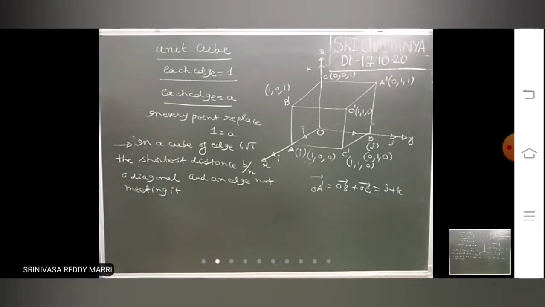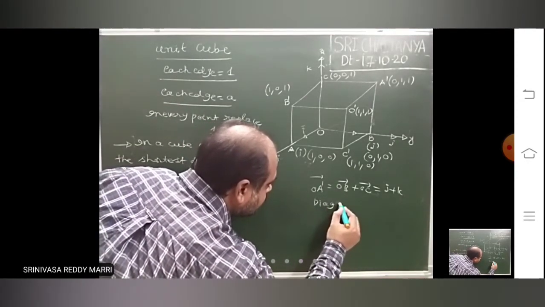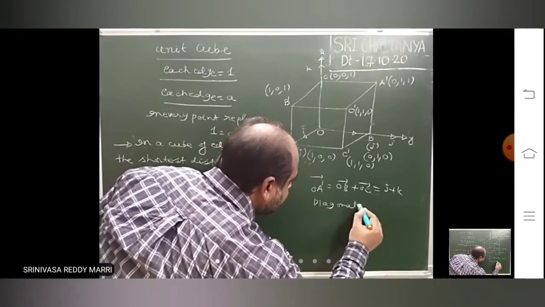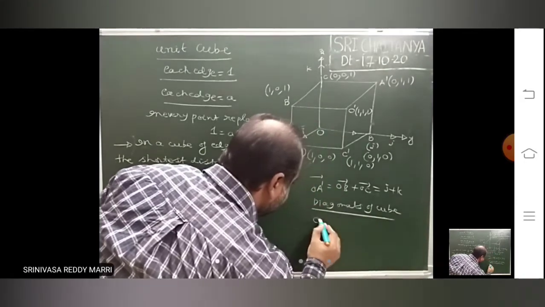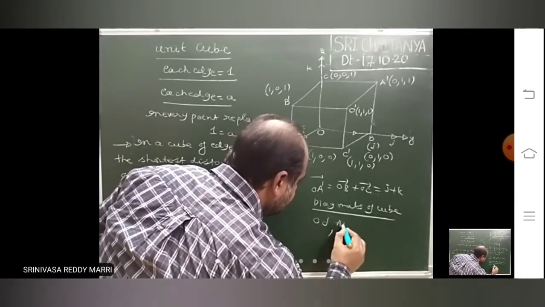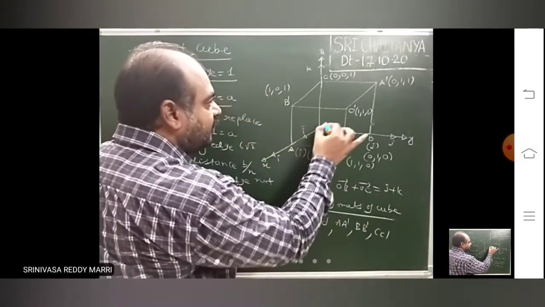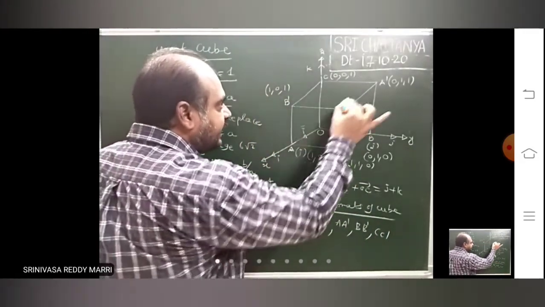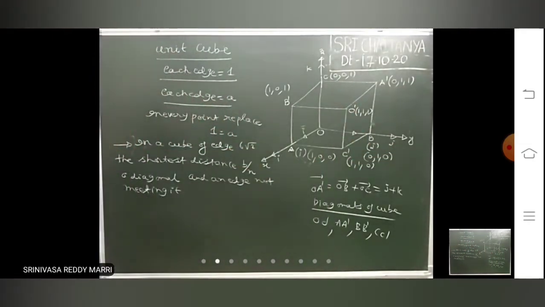The shortest distance between two lines we have discussed. Now what it means is, take any diagonal of your choice. Diagonals of the cube means O', A', B', C'.